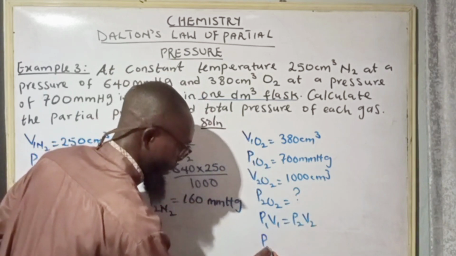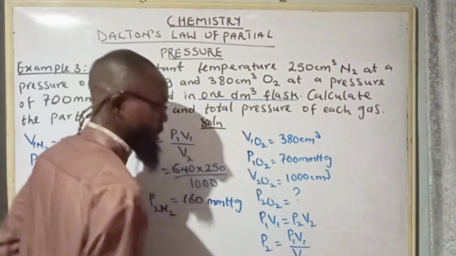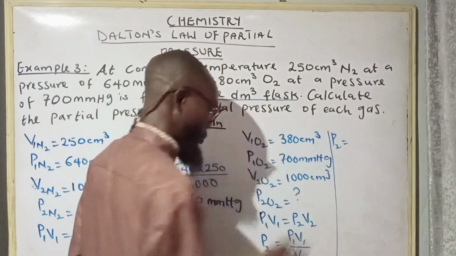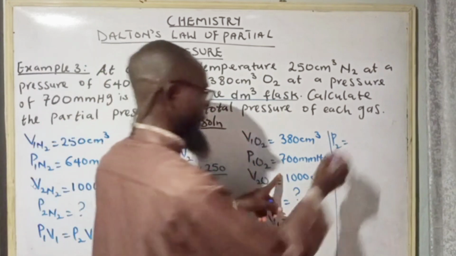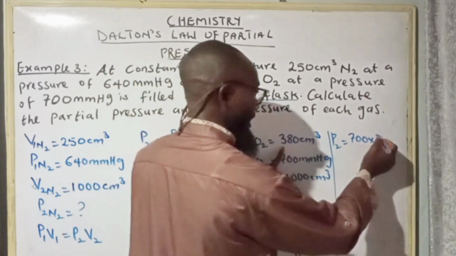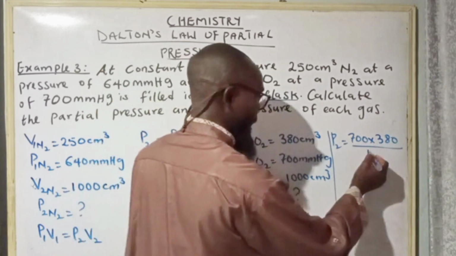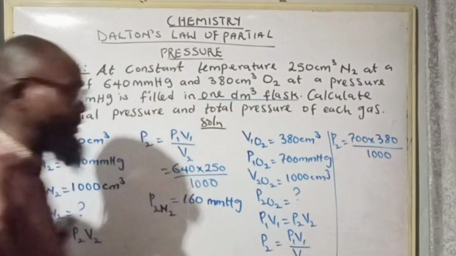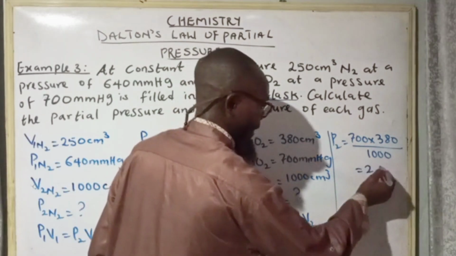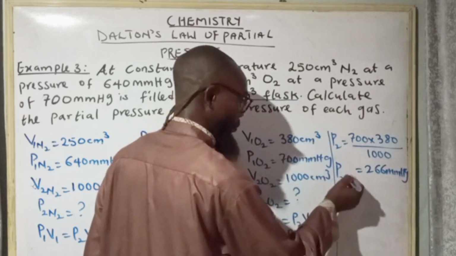From here, my P2 will equal P1 V1 over V2. So when we introduce this, we have P2 equals my P1 here is 700 multiplied by my V1 380 divided by my V2, which is 1000. So when you multiply and divide, what are we going to have? We have 266 millimeter of mercury. So our P2 of oxygen is this.